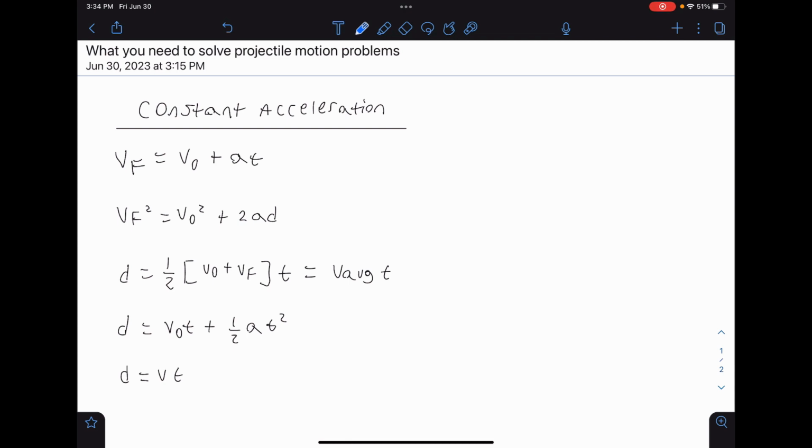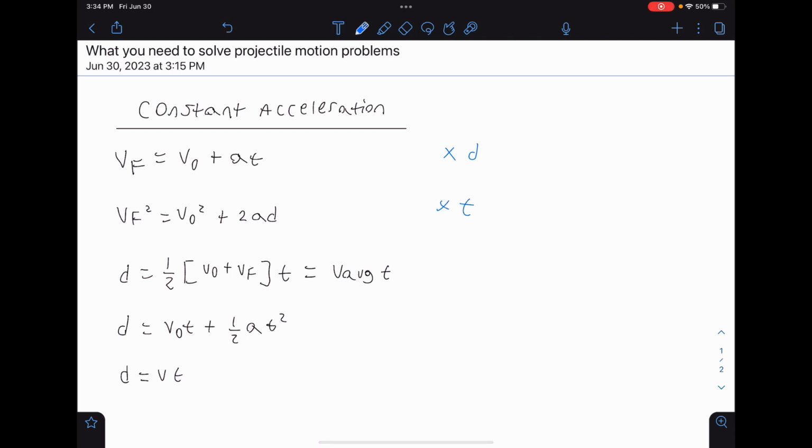So I'm going to put in blue what they don't have. So we have no displacement. Next equation, what doesn't it have? Okay, it has final velocity. Okay, it has initial velocity, has acceleration, has displacement. Oh, we're missing time here. Okay, this equation doesn't have time.